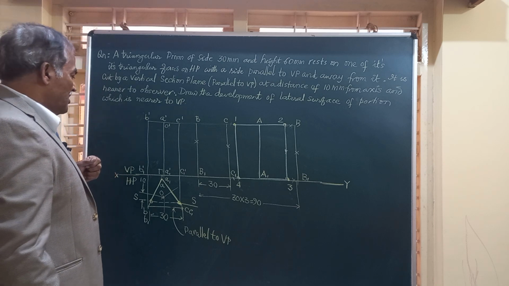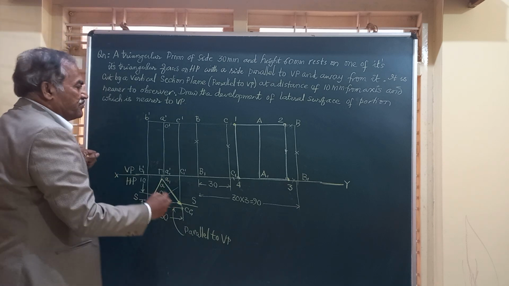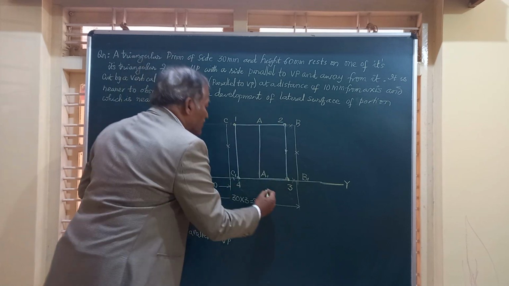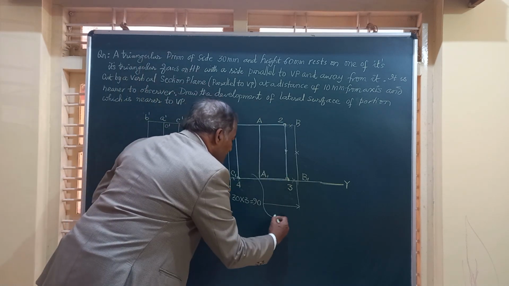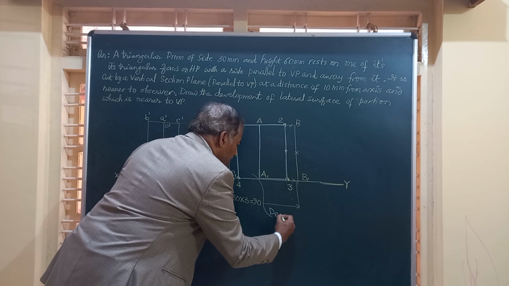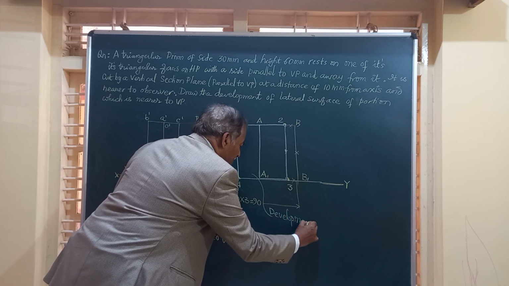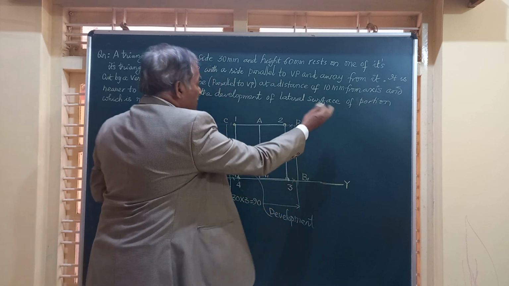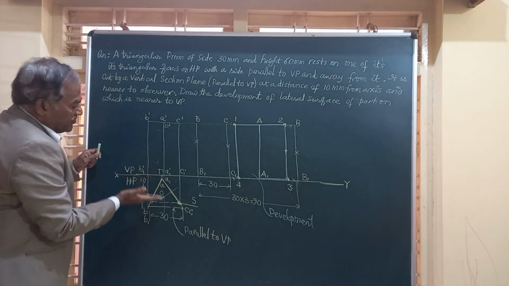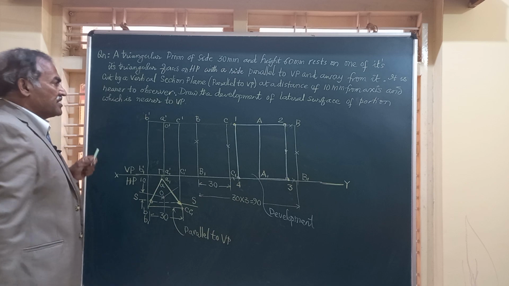If you call this part as P, this rectangle 1, 2, 3, 4 will give the development of the portion. This is how we get the development of that portion of the solid which is nearer to VP or away from the observer.